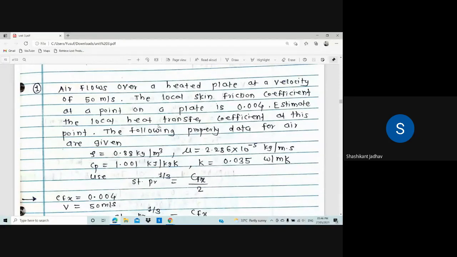Air flows over a heated plate at a velocity of 50 meter per second.